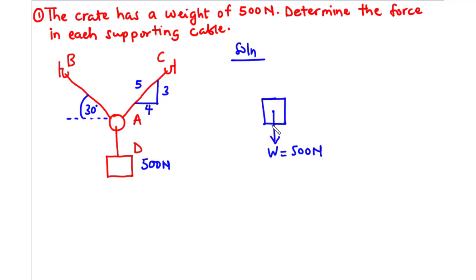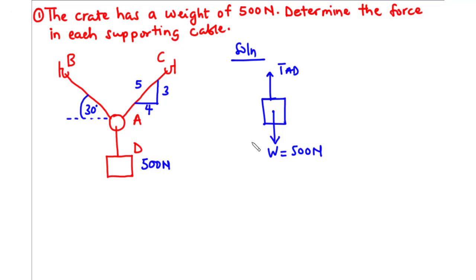Now this weight is going to exert an upward tensional force in the cable, that is the cable TAD, which is equal to the magnitude of the weight, except that it acts upward. So that even though the two forces have the same magnitude, they act along different directions.